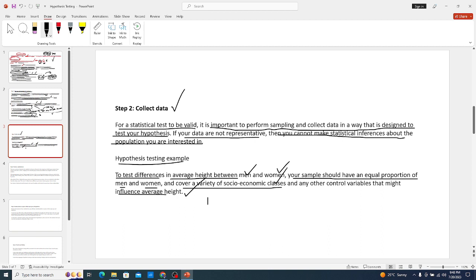Okay. Yes, so you can see here we are dealing with the sample data of the average height of the men and women. So once you collect the data, we have a stage of collecting the data.